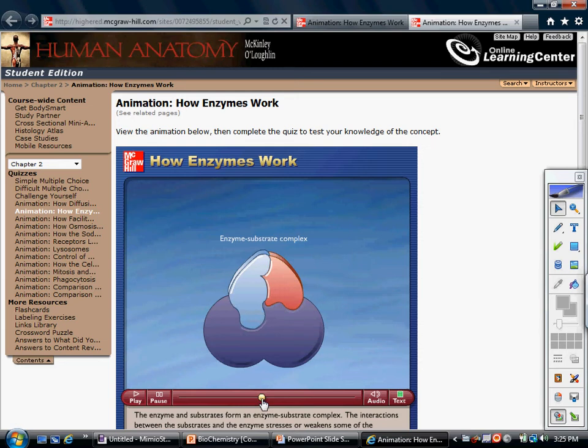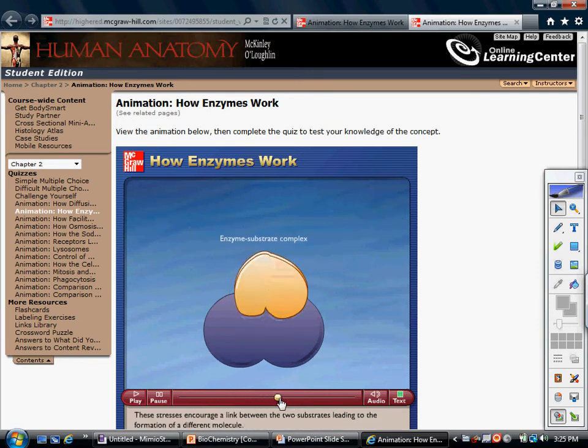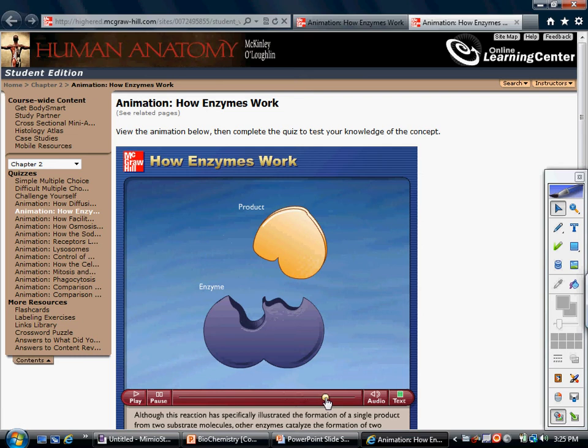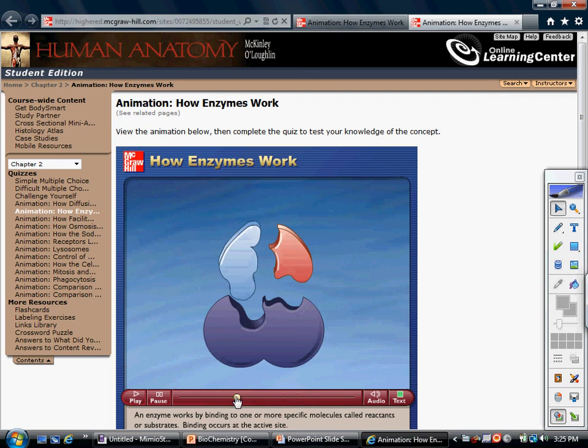So these two substrates come into the enzyme, they change shape, and they form a new structure. And this new structure now has these two substrates joined together, and then it is released, and what we end up with is a product. So this is a chemical reaction. What's coming in are these substrates, and these substrates serve as our reactants.